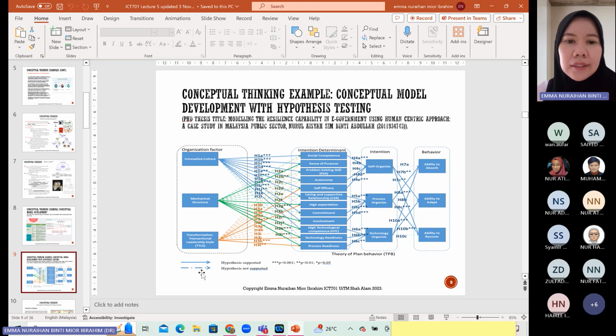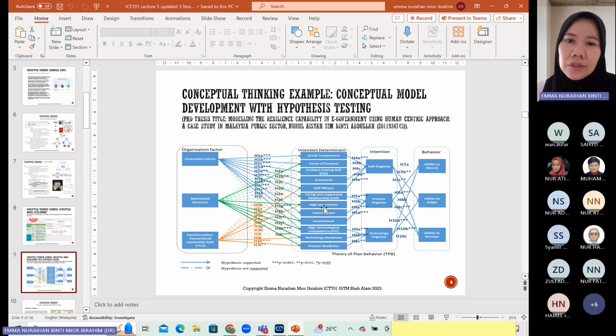I'm in the program of IT, so these are my students under IT. Tapi whatever PhD that you are doing, even if you do some kind of technicalities, you still need to have a conceptual model.